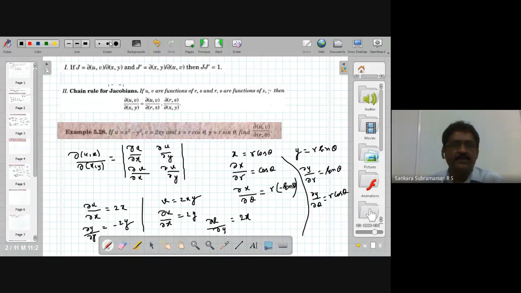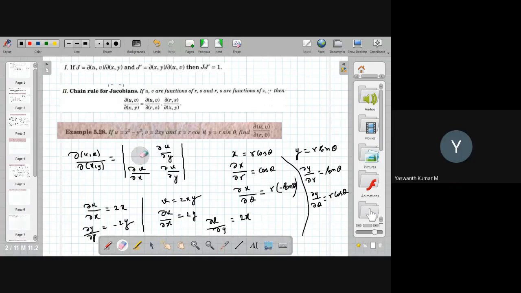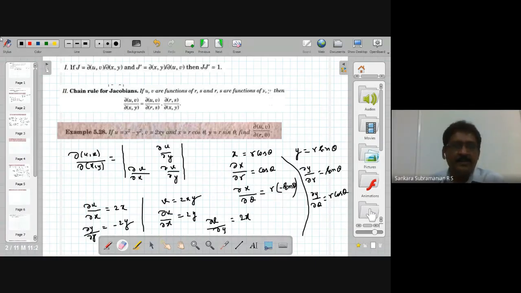So let us substitute the values. For ∂u/∂x, you get 2x.